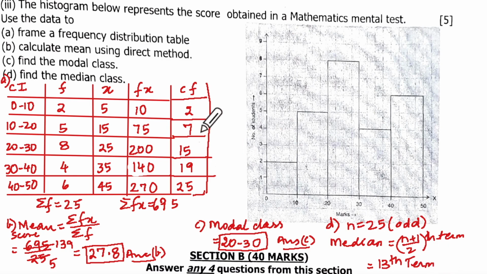Now 13th term is going to be in this region, because see, 7 terms are up to 20. So 21 onwards up to 30 are here. So 13th term will be in median class. What is the median class? It will be 20 to 30. And that becomes your answer D.